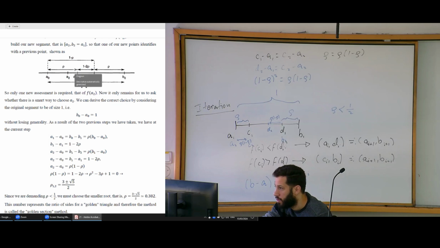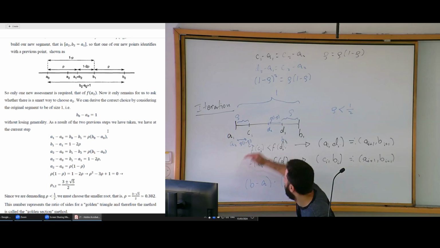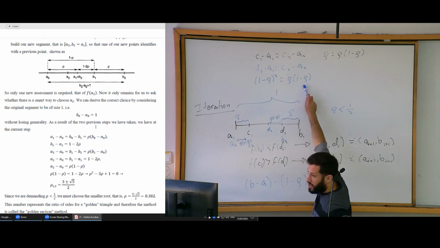I prefer my notation because it's a better notation. But we don't have the same set of equations. Again, in row, it's the same equation.